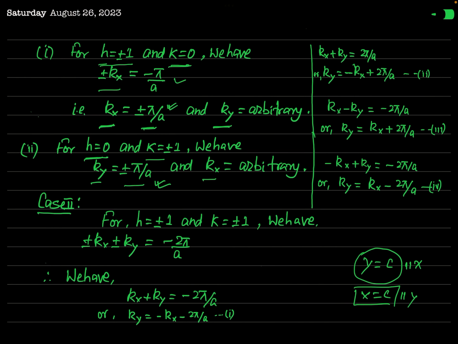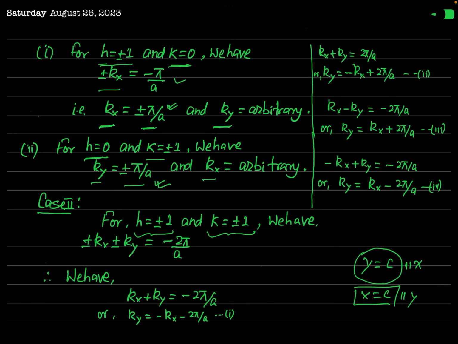Now let us consider the second case. In the second case, we will again take a particular choice. We consider that h is equal to plus minus 1 and k is also equal to plus minus 1.